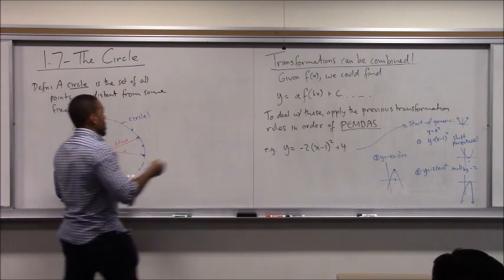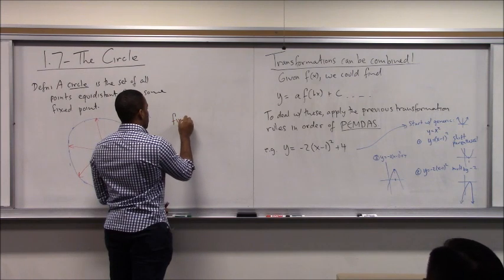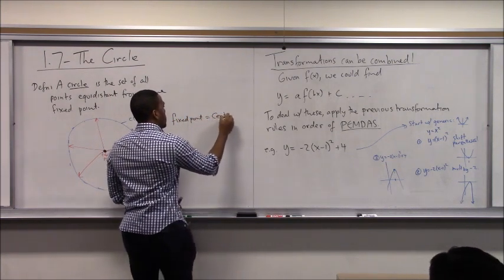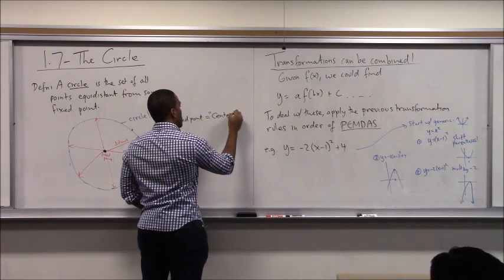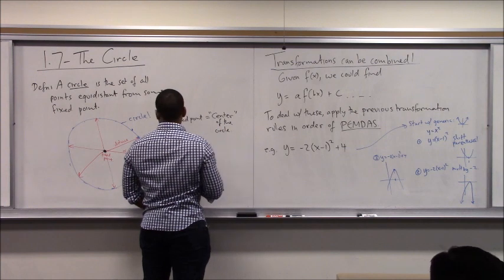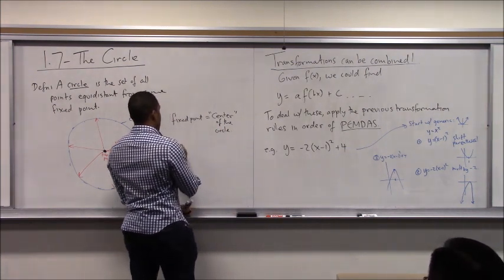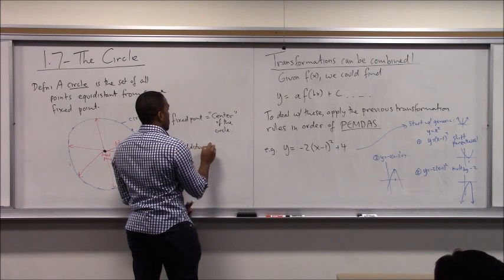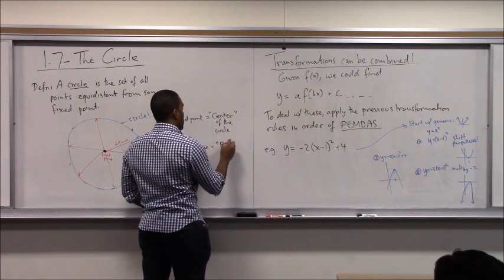So now, our fixed point is called the center of the circle. And the fixed distance is called the radius of the circle.